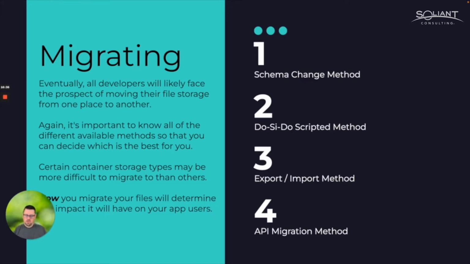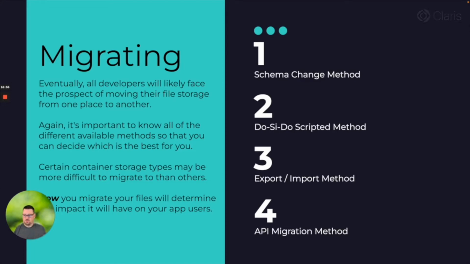So there's a couple different methods that I want to talk about for migrating. Again, knowing these methods is the important part, so you can decide what's going to be best for you. And then coming up with a plan for your migration is going to help you out in the long run.